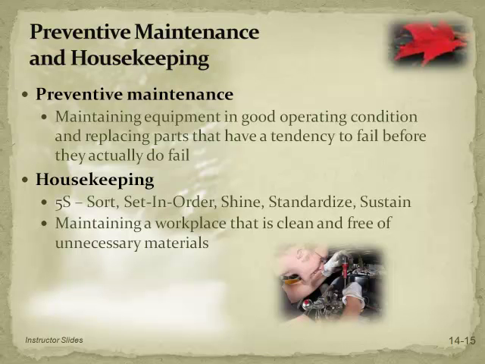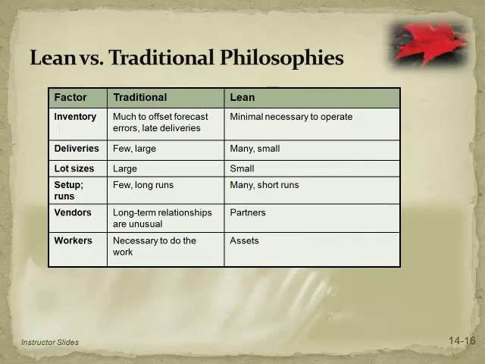Let's make sure we do this all over the factory. And then sustain. If we ever see clutter starting to build up again, then we're getting away from 5S. Go through this again: sort, set in order, shine, standardize. So a place for everything and everything in its place. And typically, that's the first step in our journey to going lean.